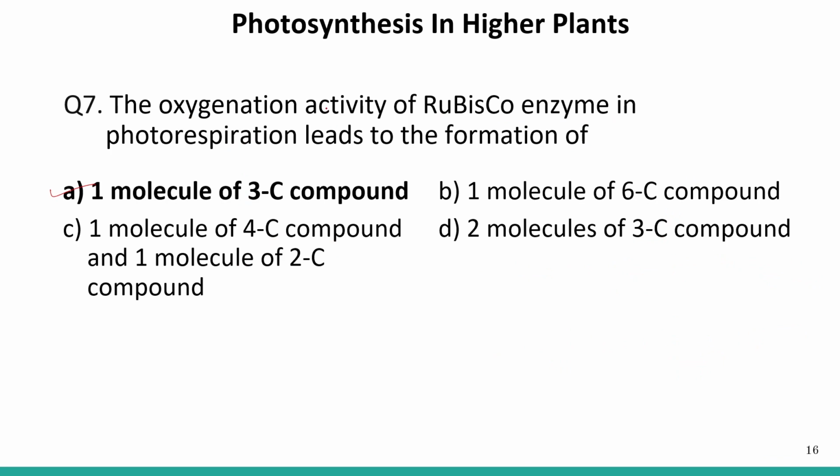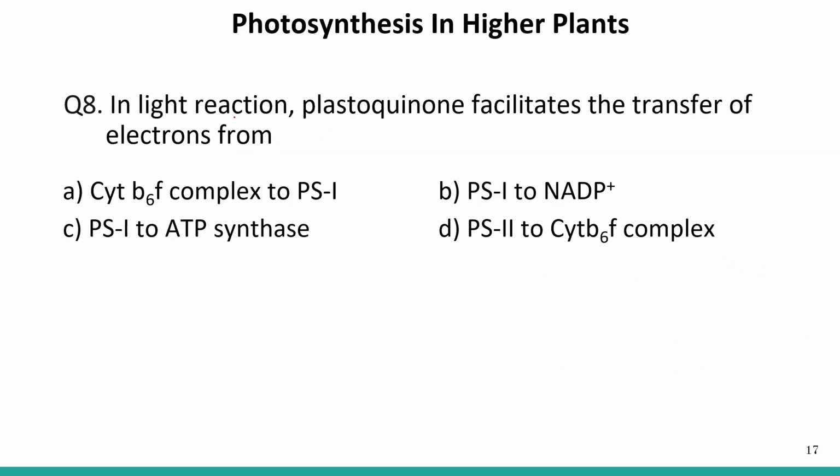The next question is, in light reaction, plastoquinone facilitates the transfer of electrons from. These are the options: cytochrome b6f complex to photosystem 1, photosystem 1 to NADP+, photosystem 1 to ATP synthase, and photosystem 2 to cytochrome b6f.